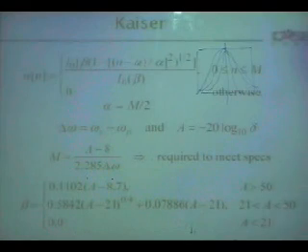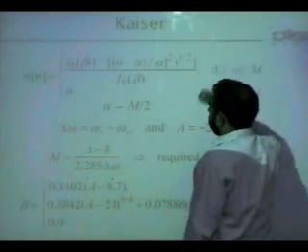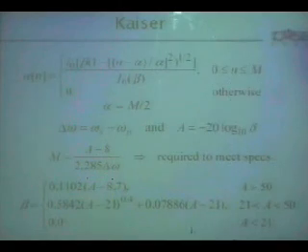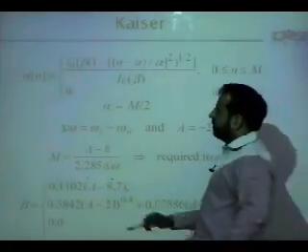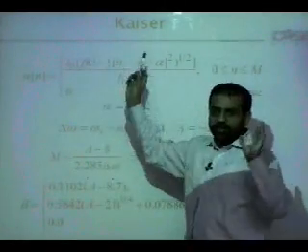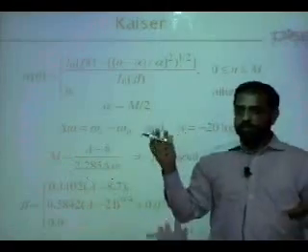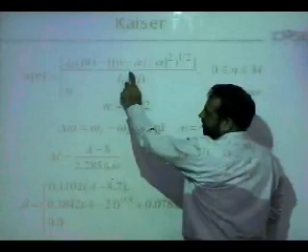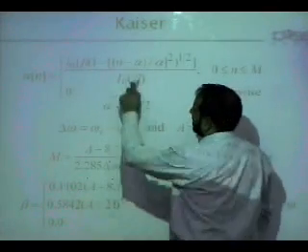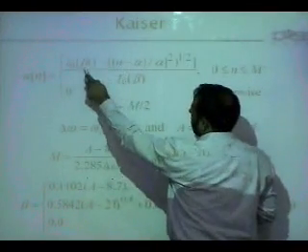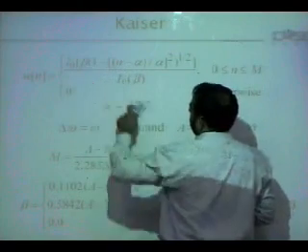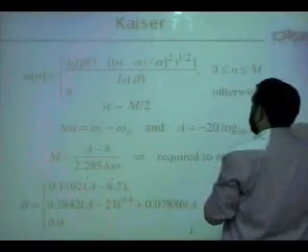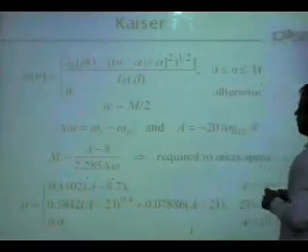So Kaiser came up with this. He says let's put a modified Bessel function of the first kind. Let's not worry about what it is. It's just a curve. So you can put this as a window. In this function you require a beta, and M and alpha.